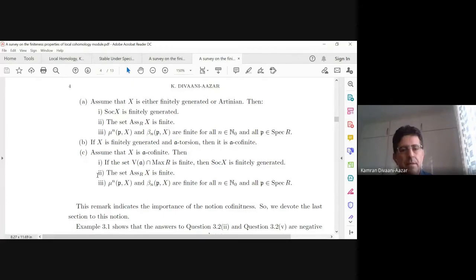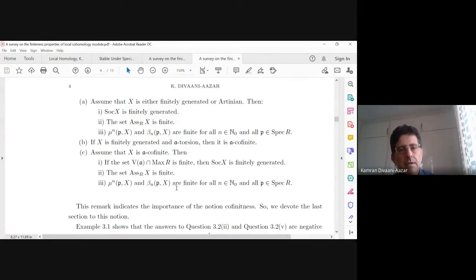The second part says that the set of associated primes of X is finite. And the third part says that for any prime ideal P and any non-negative integer n, the nth Bass number of X with respect to P and the nth Betti number of X with respect to P are finite.